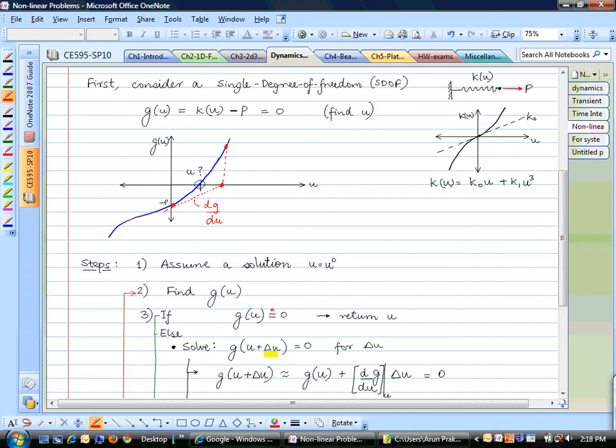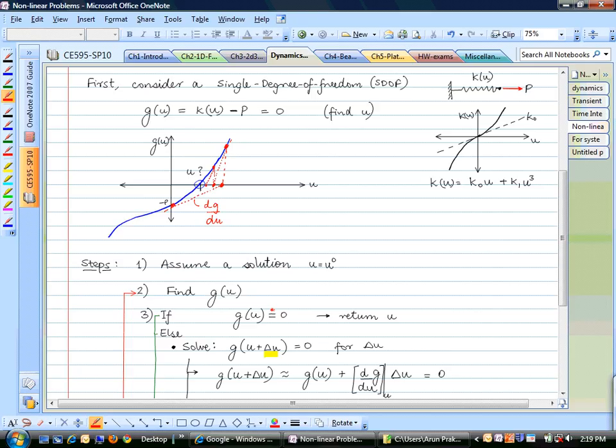So I need to repeat that process. I will calculate my derivative again, and it will say that my next guess is here. Now I will calculate g again at this point. It's not 0, and I'll calculate the derivative again.